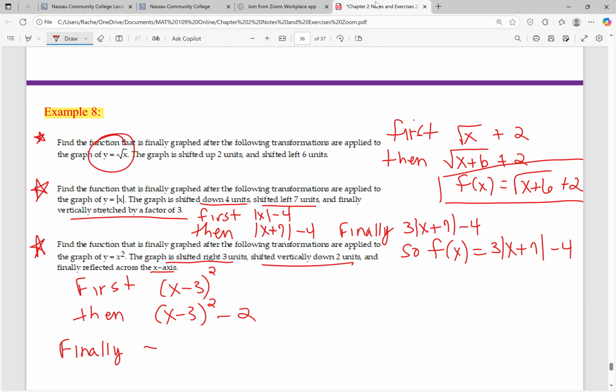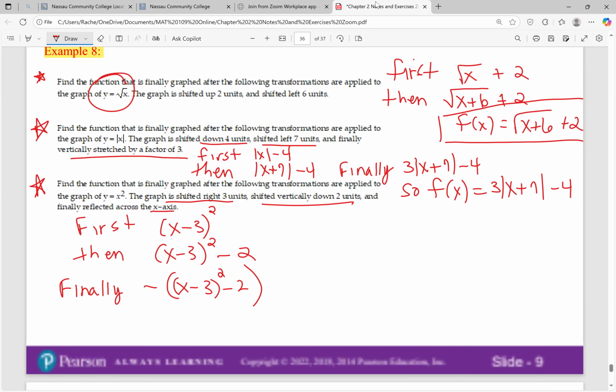So we're going to negate x minus 3 squared minus 2. So f of x is equal to negative x minus 3 squared minus 2.